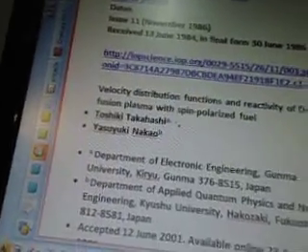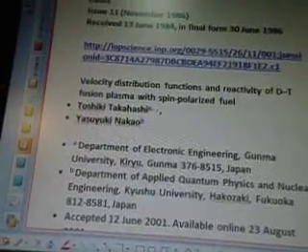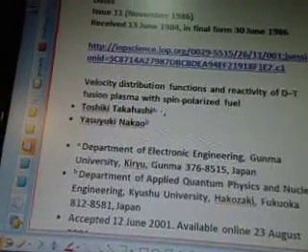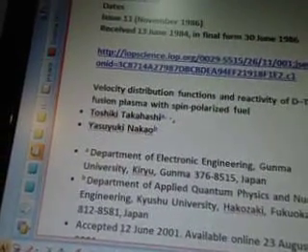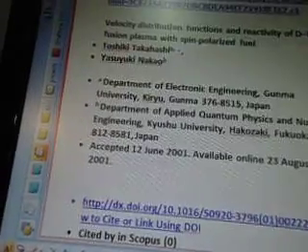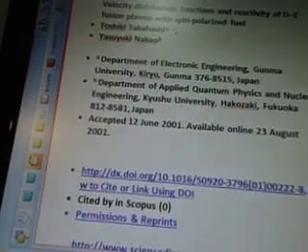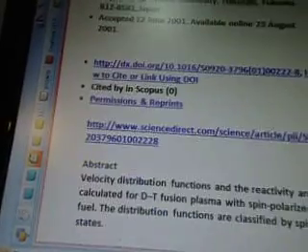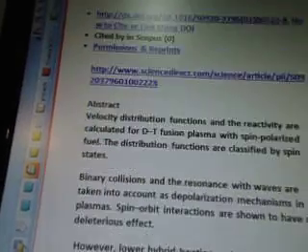The next one that comes up is called Velocity Distribution Functions and Reactivity of DT Fusion Plasma with Spin Polarized Fuel, from Toshiki Takahashi and Yasusuke Nakao, Department of Electronic Engineering, Gunma University, Kiryu, Gunma, Japan. And it's from ScienceDirect.com.